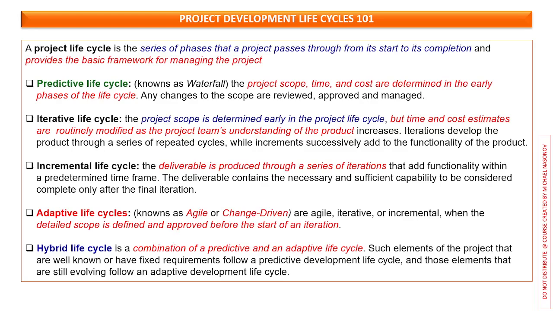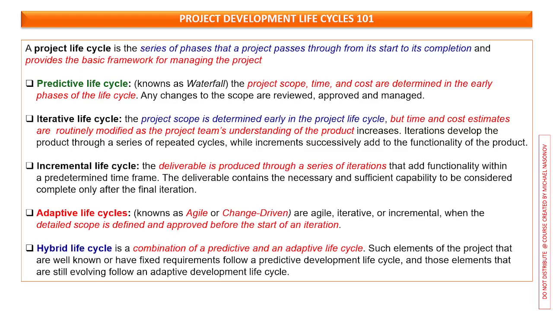In the incremental life cycle, the deliverable is produced through a series of iterations that add functionality. That's the difference from the previous ones. That adds functionality within a predetermined time frame. The deliverable contains the necessary and sufficient capability to be considered complete only after the final iteration.